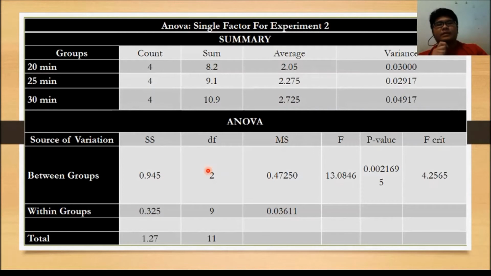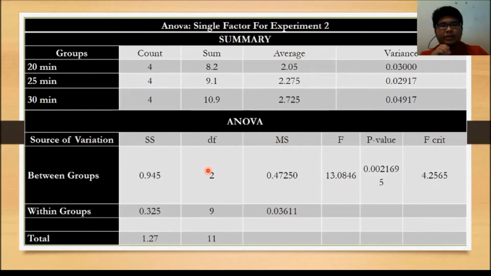But the groups here we change into 20 minutes, 25 minutes and 30 minutes. Therefore, the ANOVA result for this experiment has different values. Firstly, the sum of squares for between groups is 0.945, while within groups has 0.325.